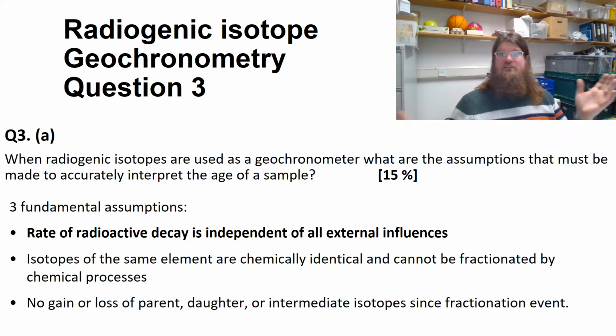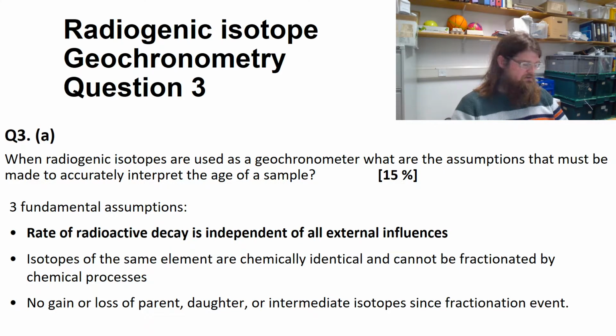This is the field of stable isotope geochemistry, and that same isotope fractionation happens to radiogenic isotopes. Now, you can either make an assumption that this is small and can be ignored, or in some cases it's an isotope fractionation we can actually correct for.